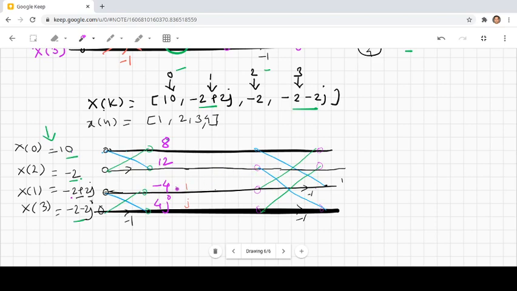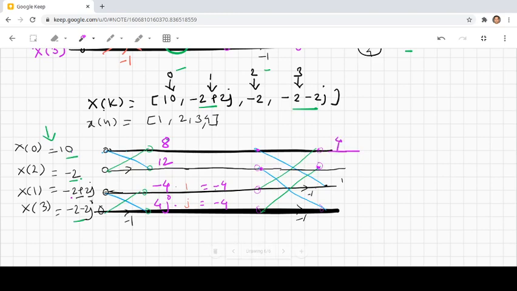Then you have to multiply this -4 by 1, so we get -4 here. 4j multiplied by j gives me 4j squared, and that is -4. Here I am getting 8. 8 minus 4 gives me 4.